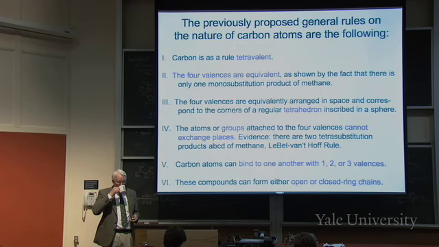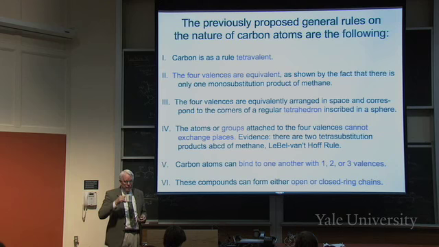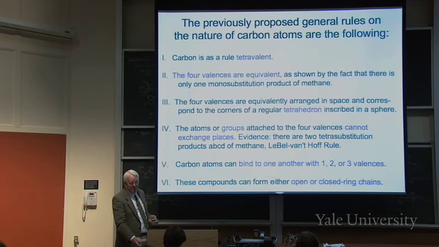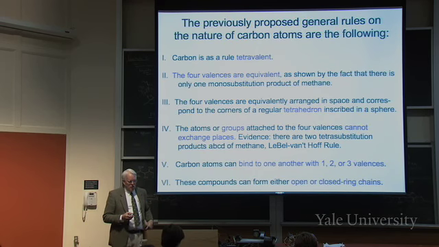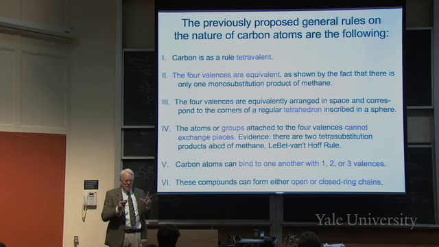Who did that? Couper and Kekulé, right? 2, the 4 valences are equivalent, as shown by the fact there's only one monosubstitution product of methane. We've talked about that. 3, the valences are equivalently arranged in space to the corners of a regular tetrahedron.